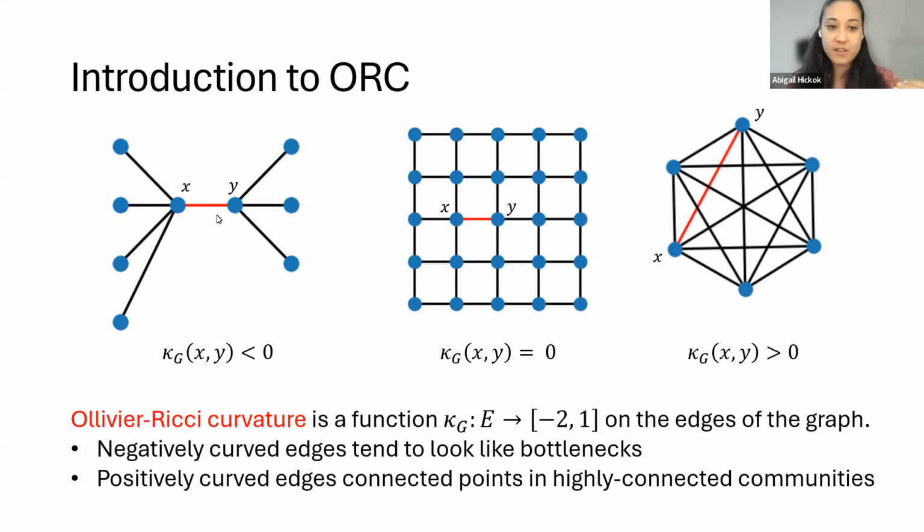Negatively curved edges you should think of as looking like little bottlenecks in your graph, like on the left here. Positively curved edges, like on the right here, you should think of as connecting points that are in a highly connected community, or in the manifold case, maybe nearby in the manifold, sharing lots of neighbors.